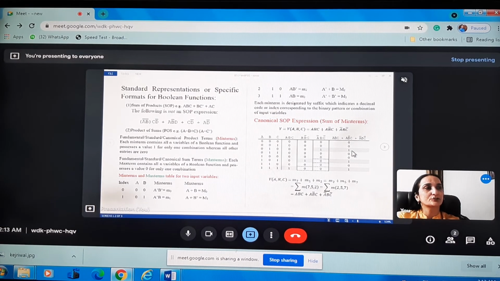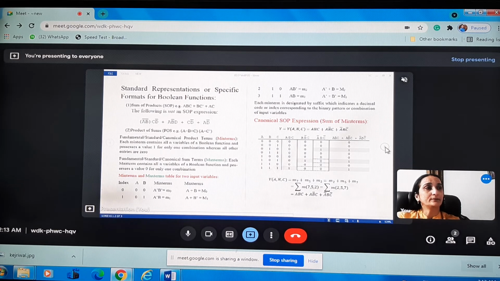This corresponds to minterm M2, this corresponds to minterm M5, and this corresponds to minterm M7. So we can write that y, which is a function of 3 input variables, is equal to M2 plus M5 plus M7, or we can write it as summation m 2, 5, 7. These are the alternative ways to write an SOP expression.